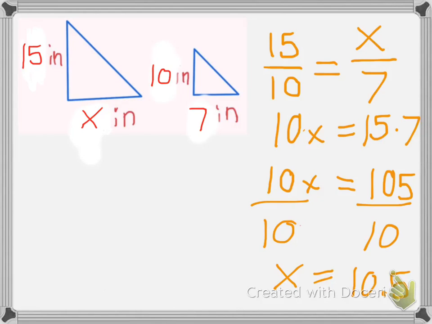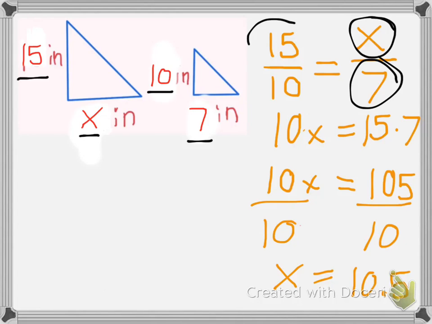The smaller figure has a length of 10 inches and a width of 7 inches. You would match up the two lengths and put one on top of the other. I usually pick the largest on top. And you would take the widths and put them one on top of the other, as shown.